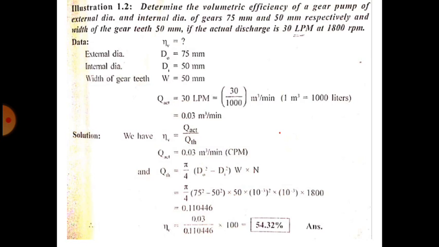So we know that volumetric efficiency is equal to actual discharge divided by theoretical discharge. Actual discharge is given as 0.03 meter cube per minute.